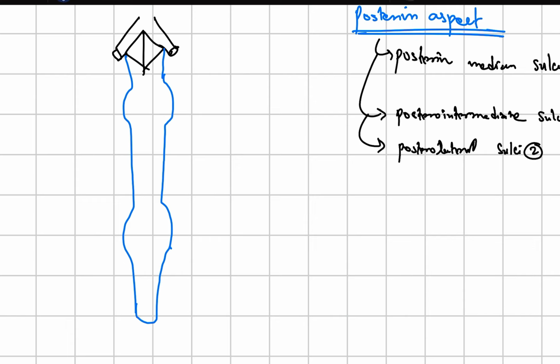Here is the posterior median sulcus in between. After that, there are 2 intermediate and then 2 lateral.